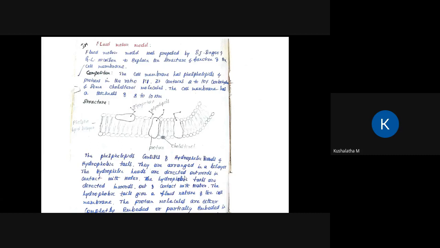The hydrophilic heads are directed outwards in contact with the water, and the hydrophobic tails arrange themselves away from the water, directed inwards, out of contact with the water. The hydrophobic tails give the fluid nature of the cell membrane, because the movement of these molecules gives fluidity to the cell membrane. Because of this, the cell membrane has a semi-permeable nature. The protein molecules are either completely embedded or partially embedded in the lipid bilayer.